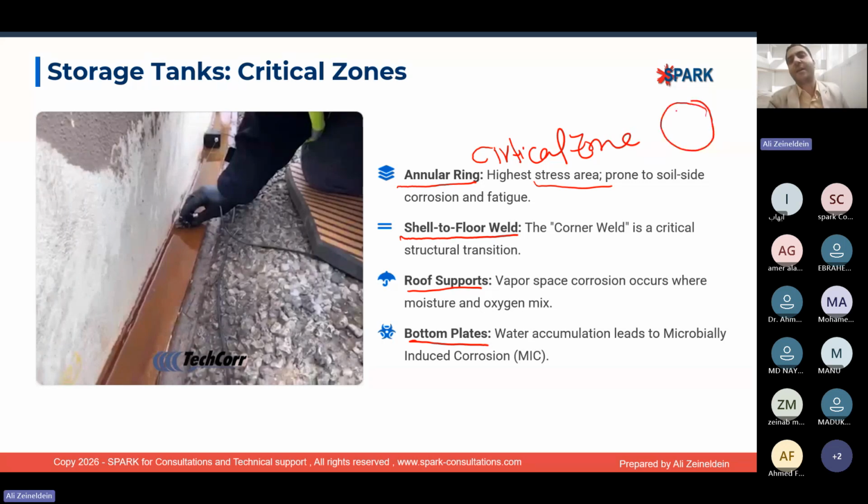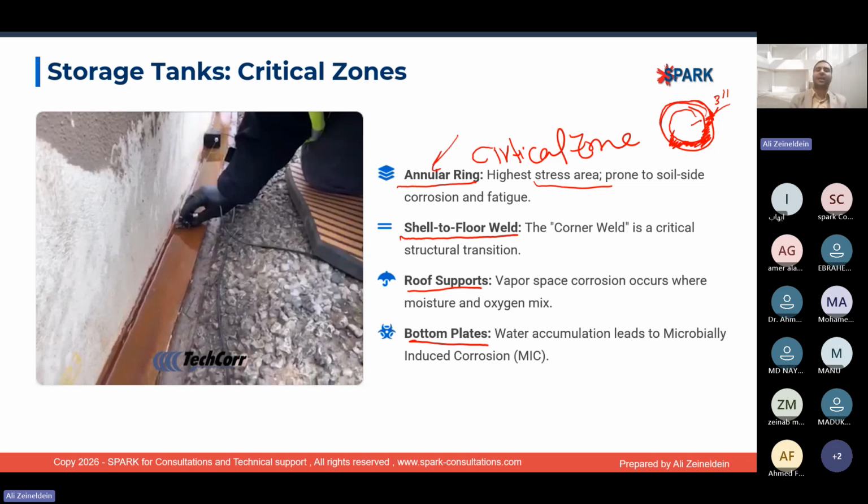Suppose this is the tank bottom, and here is the shell. The 3 inches radially from the shell itself is the critical zone, which is considered part of the annular ring.